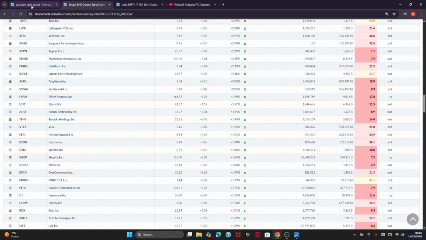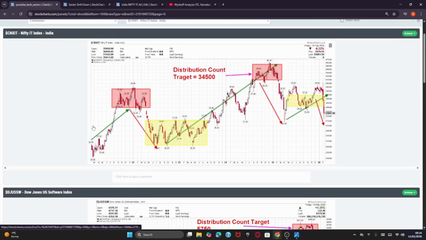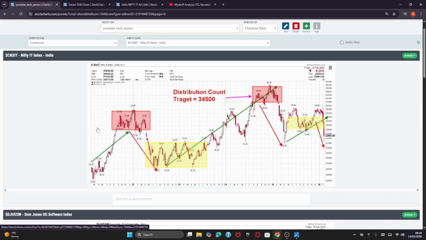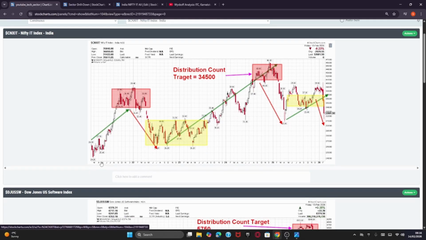So what we are going to do, at a high level, is apply the Wyckoff principle and see what is really happening. The chart that you are seeing here is from 2021 to 2026, a 5-year weekly chart. It's an index chart with a timeline of 5 years, and each price bar you see here represents one week of price action.